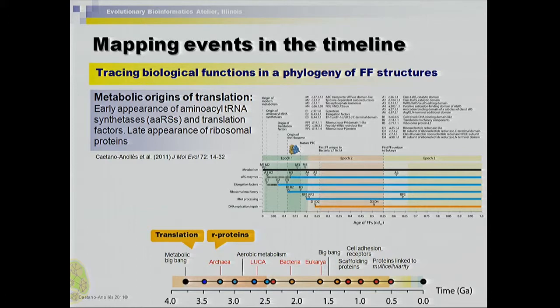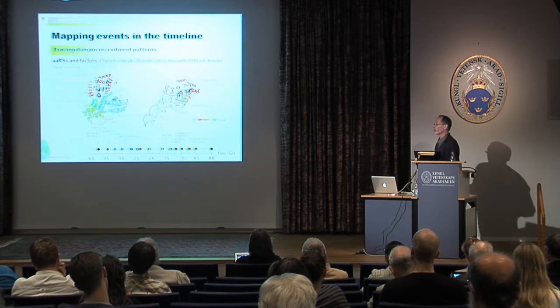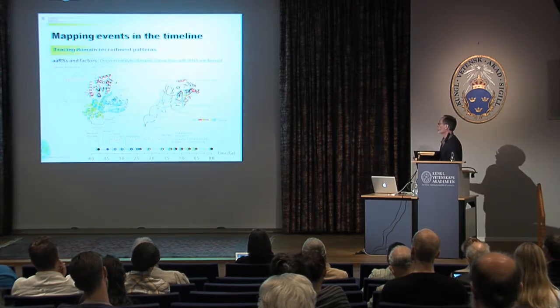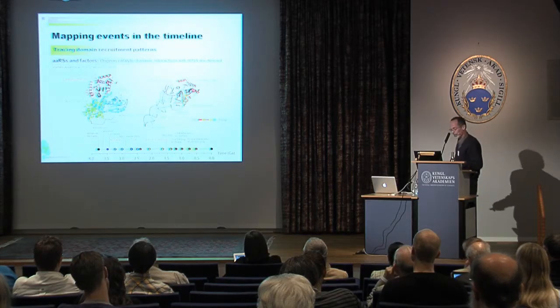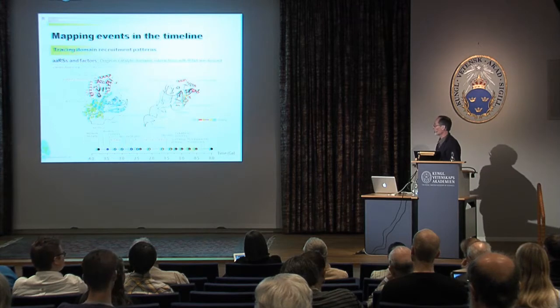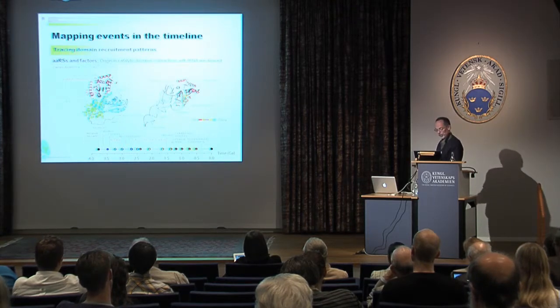Like for instance, elongation factors and aminoacyl tRNA synthetases, which are the first that appear in the timeline, linked to translation, the birth of them appears in these red ancient structures that are catalytic, the catalytic domains that process the energy needed for their functions. And the areas of these molecules that interact with transfer RNA in those cases are latecomers. So this is against this idea that RNA could be so ancient. It appears later in the timeline.